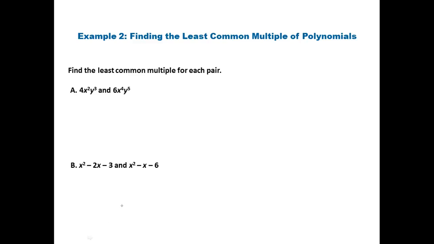Let's take a second to review the least common multiple. If we look at 4x squared y cubed, 4 is 2 times 2, and then we have x squared and y cubed. Then the next one, 6 is 2 times 3, x to the 4th, y to the 5th.